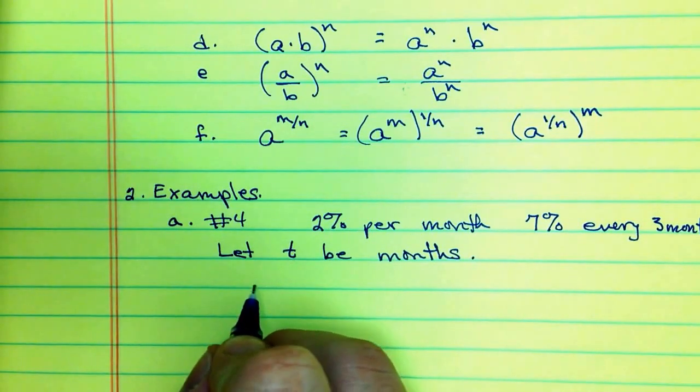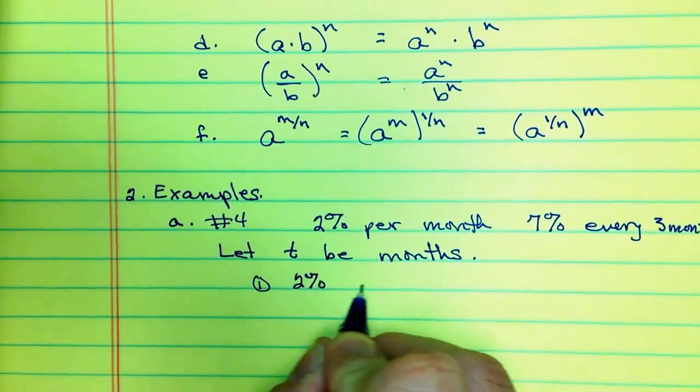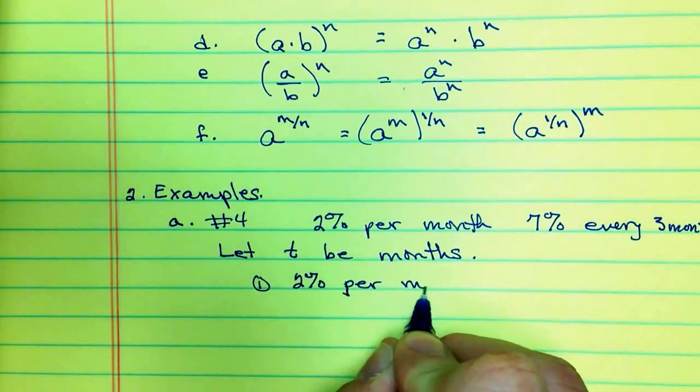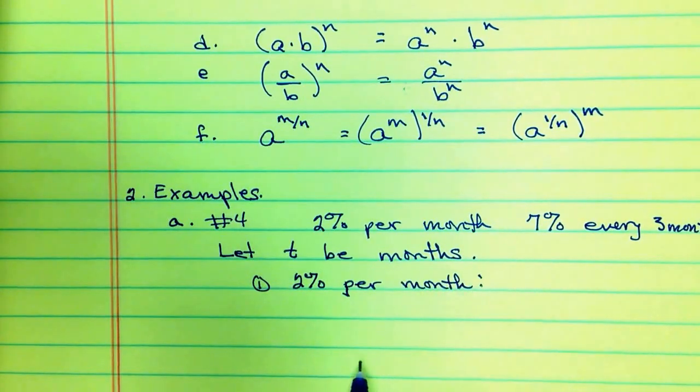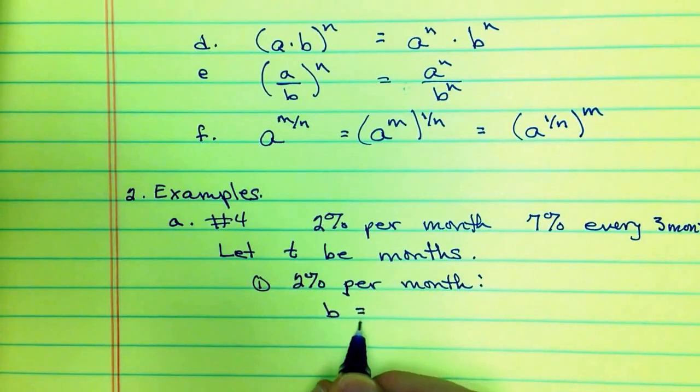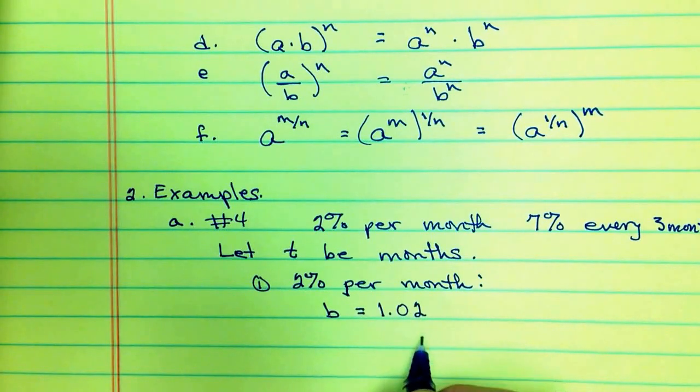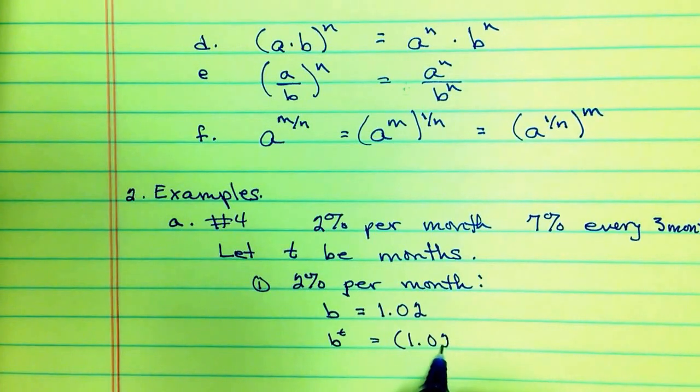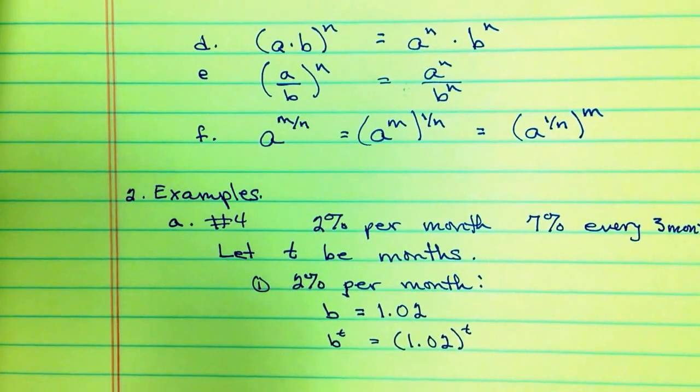So little 1, the 2% per month. That means our b value is going to be 1.02. So b to the t is going to be 1.02 to the t. All right.